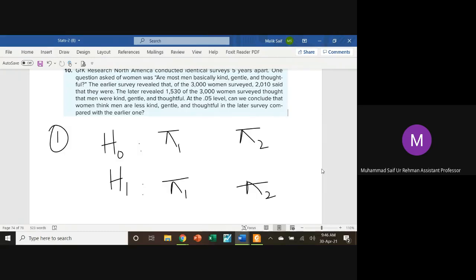This is very important, because once you have constructed the null and alternate hypothesis correctly, then it will be easy for you to answer the question. Okay, so which sign should I put over here? Less than.